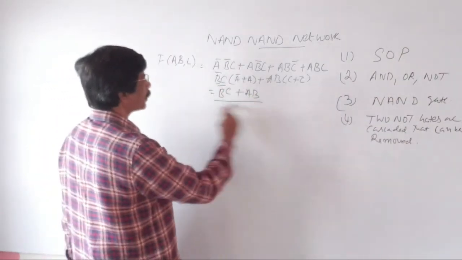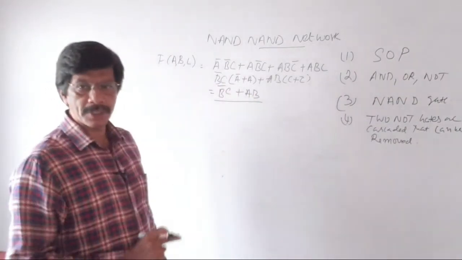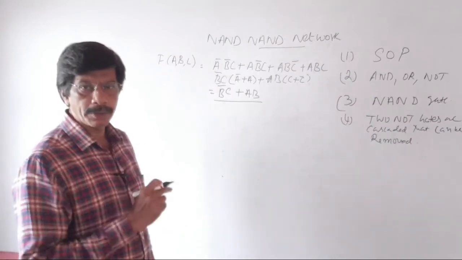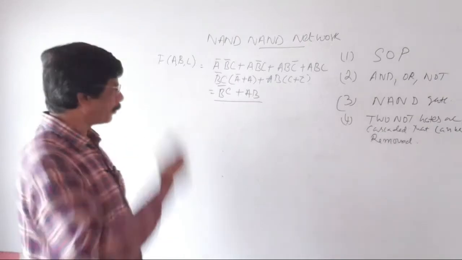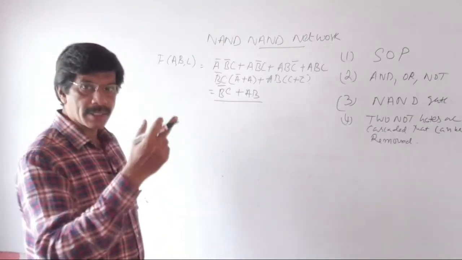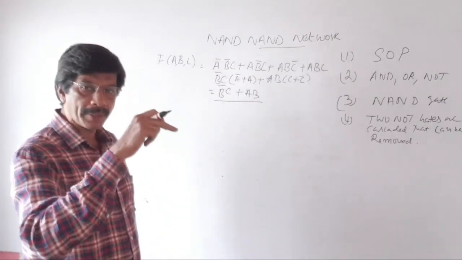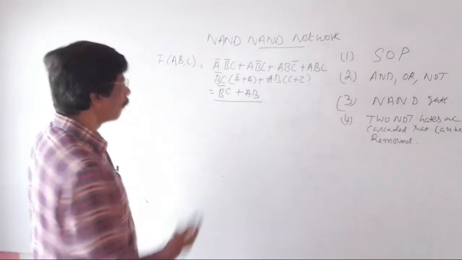So for this equation, I am going to construct the circuit using basic gates, say AND or NOT gate. First you have to draw the input lines. The input lines are available in complemented and uncomplemented form.